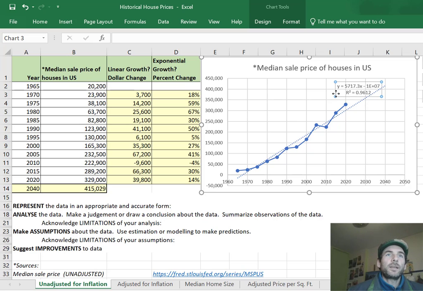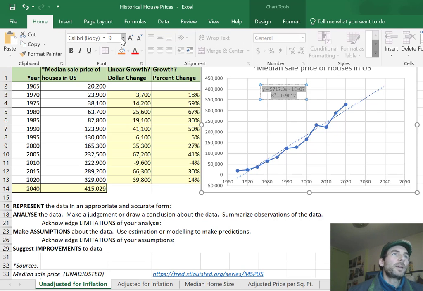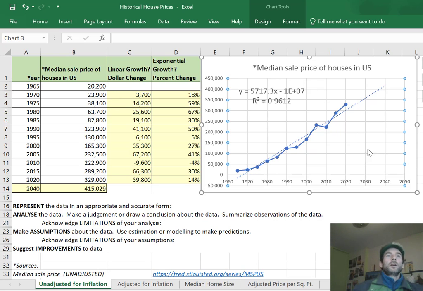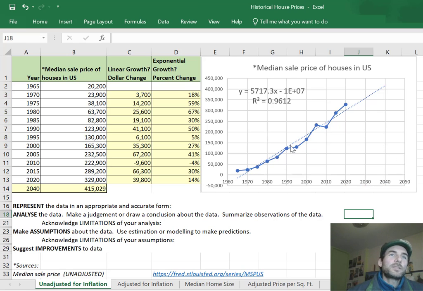So here's my equation that goes with the trend line that we just made. Let's make that font bigger. Okay, so what's interesting about this trend line? Well, it looks like the trend line is pretty close to the actual data that we graphed, right?